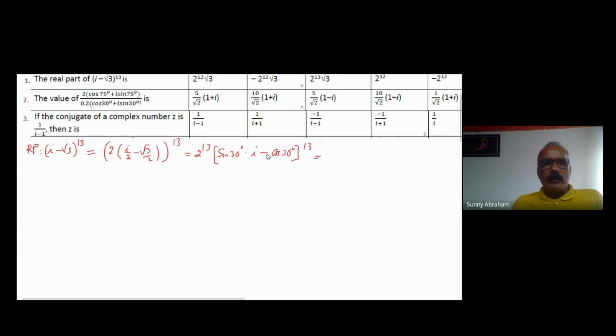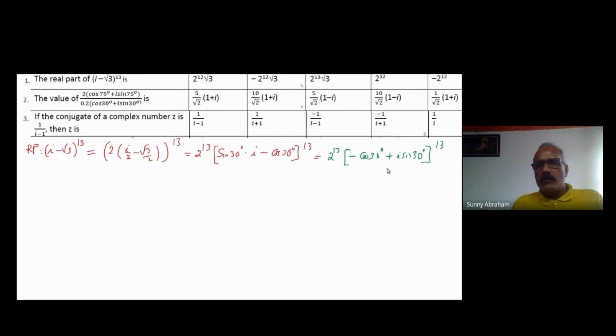So this is 2 raised to 13. Say we take this one. 2 raised to 13 into, we write minus cos 30 degree, or we can take a minus sign outside also. Cos of 30 degree plus iota sine of 30 degree, the whole raised to 13.